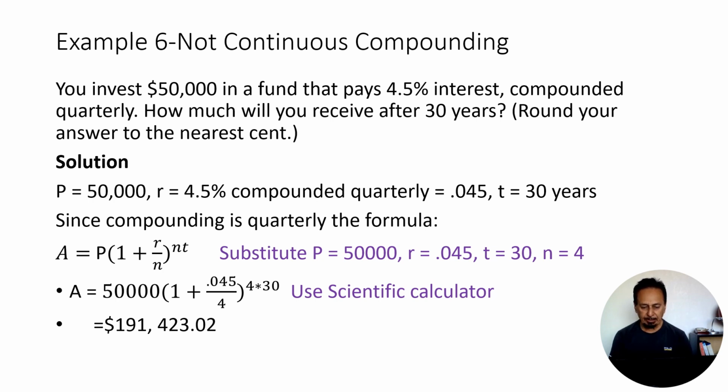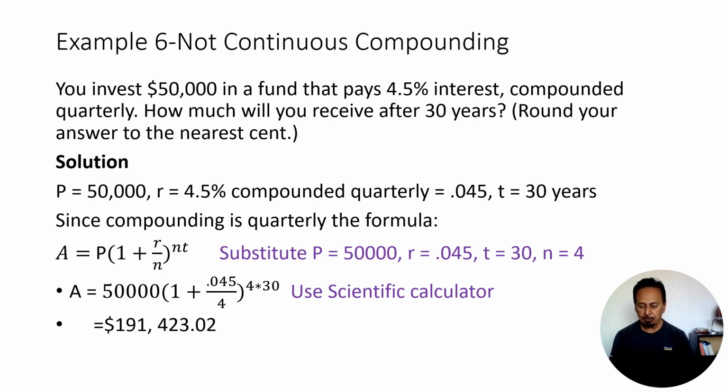Now the compounding is quarterly, so we have to use this formula: A equals P times 1 plus R over N, to the power N times T. Now we substitute P equal to 50,000, R equal to 0.045, and T is 30. But what is N? Well, it's compounded quarterly. So how many quarters in a year? 4 quarters.